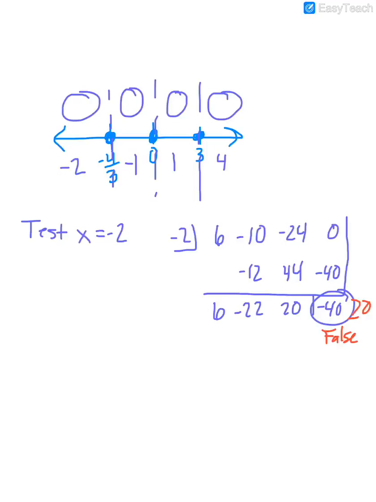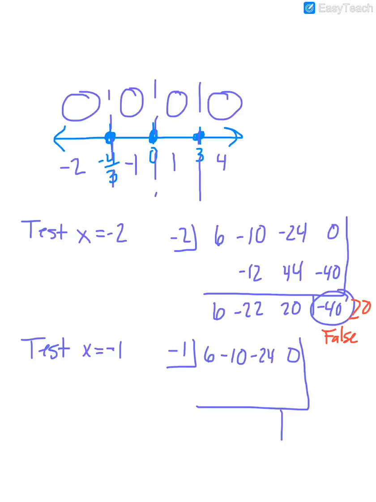I'm going to test, let's see, -1. Now note, I'm using synthetic division to help me. You don't have to. So keep that in mind. Just because I'm doing it right here doesn't mean you have to. 6, -6, -16. 16, that's -8. 8, that's 8 there. So 8 is greater than or equal to 0, so that's true.